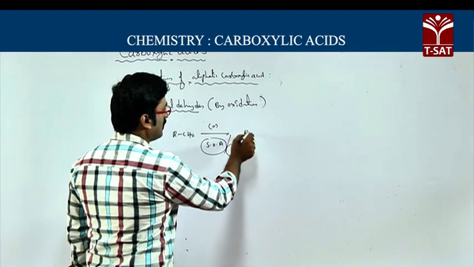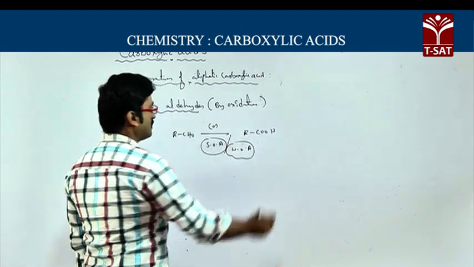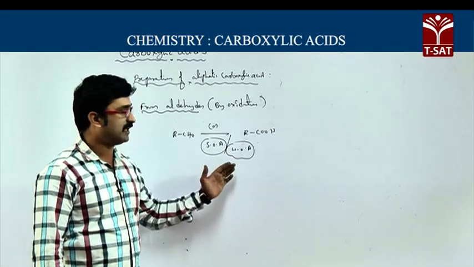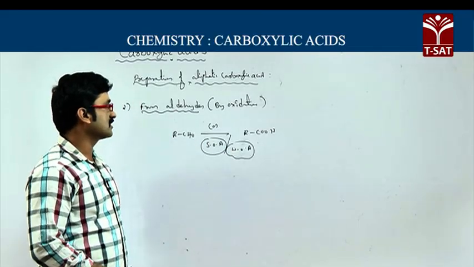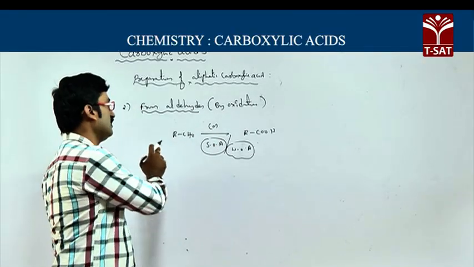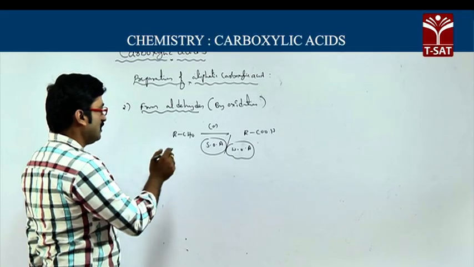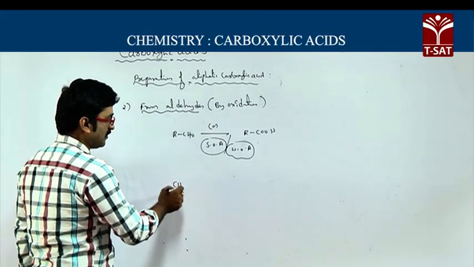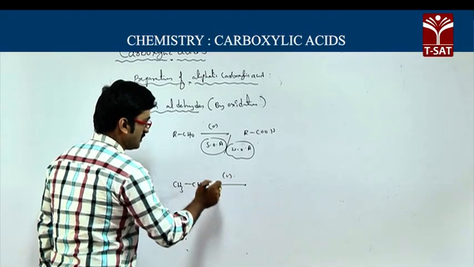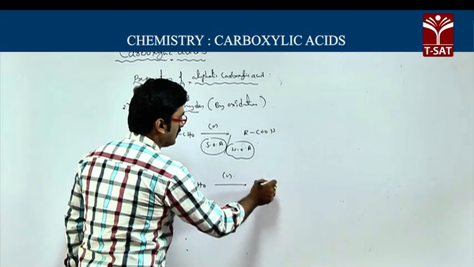So aldehydes on oxidation in the presence of a strong or weak oxidizing agent give a carboxylic acid having the same number of carbons as the aldehyde. Now we will take a simple example: CH3CHO, acetaldehyde, on oxidation gives acetic acid.